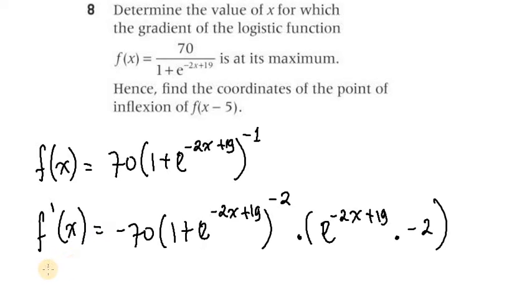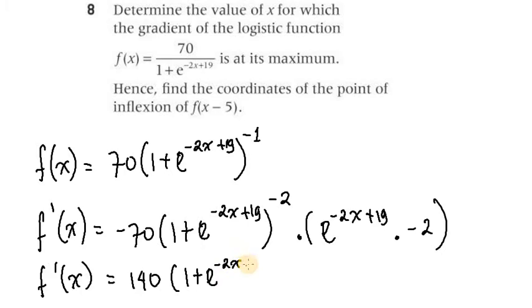So we tidy up a little bit. f'(x) equals negative 2 times 70, which is negative 140, times (1 plus e to the power of negative 2x plus 19) to the power of negative 2, times e to the power of negative 2x plus 19.